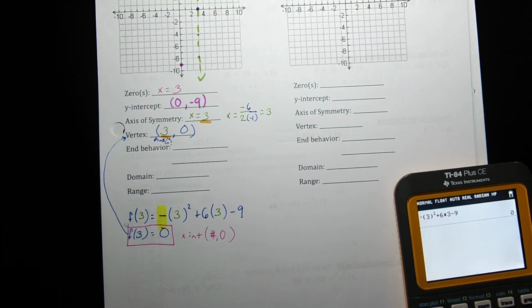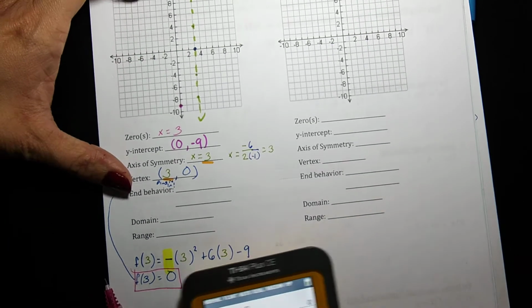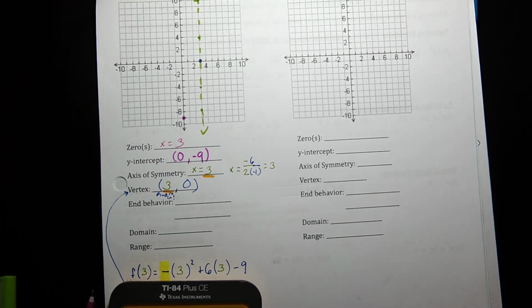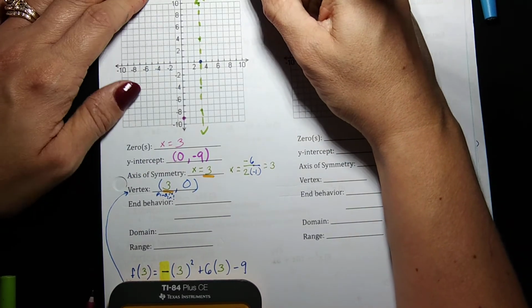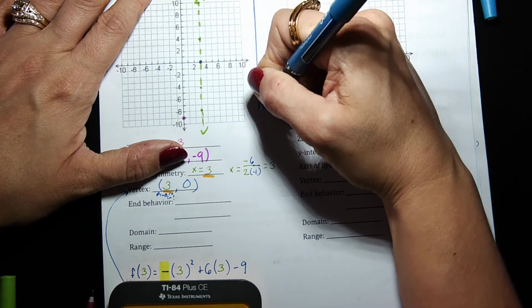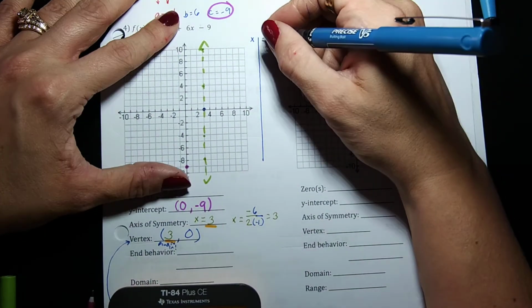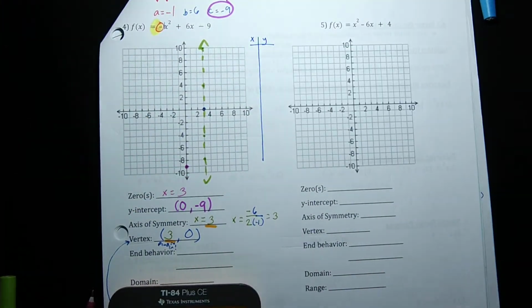All right, folks, so we need some more points to know exactly what this graph looks like. So where do I want to make this table? Let's go ahead and make it up here. I am making it obnoxiously long, even though I don't really need to do that for this one because I've already got the x-intercepts captured by that vertex.